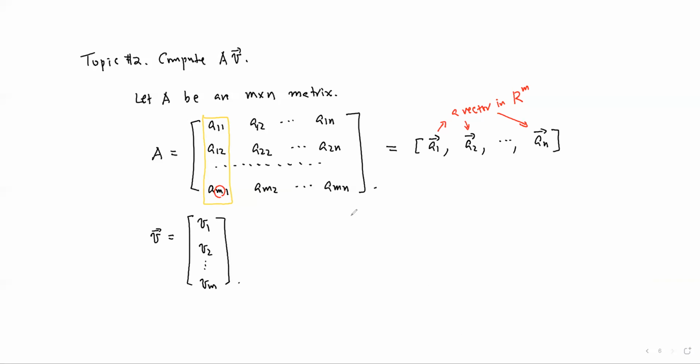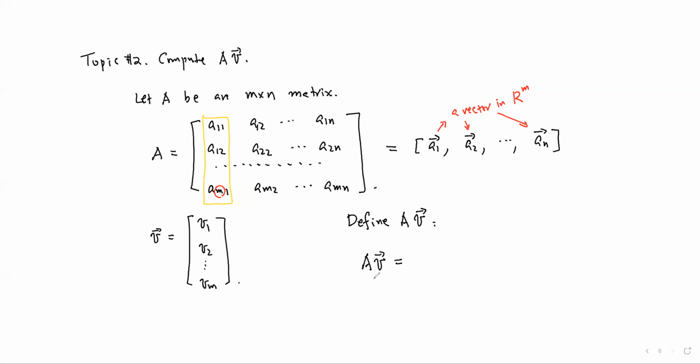Now I can define A, this matrix, times this vector V. The formula is that A times V is a linear combination of the columns of matrix A, with the entries in vector V as the weights.